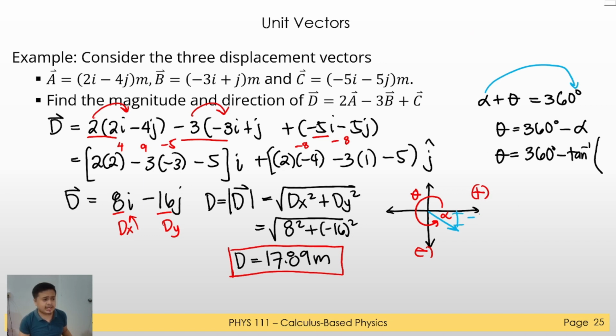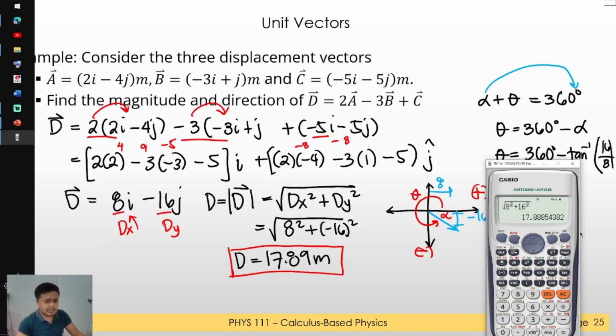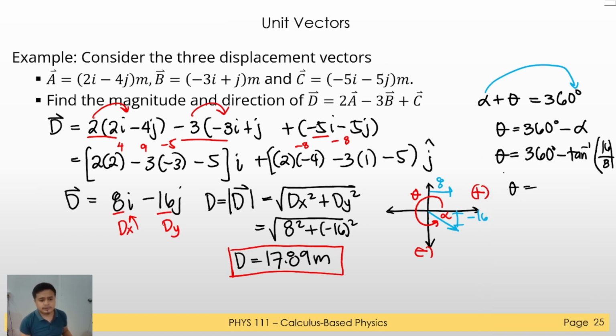The y here is negative 16, the x here is 8. So we have negative 16 over 8. We want to find the absolute value, so we will just erase the negative signs. We assume that alpha is positive here. So we have 360 minus arctangent 16 over 8. So we have 296.6 degrees. Okay, so that's it for this problem.